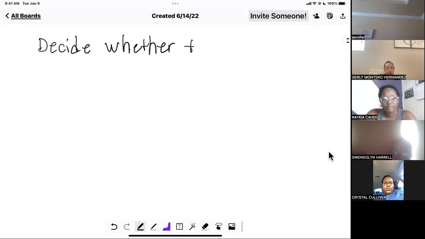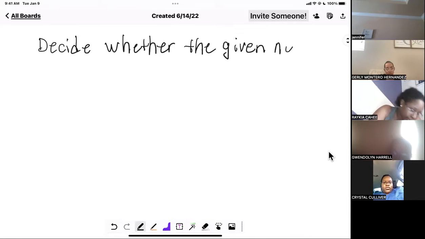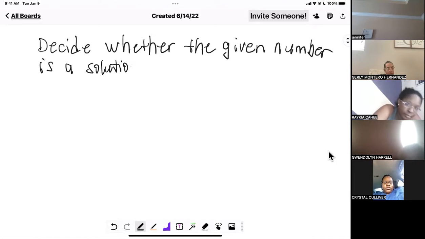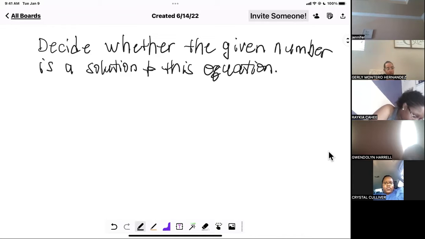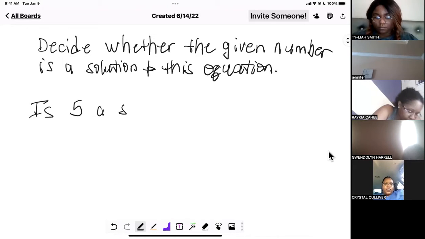Decide whether the given number is a solution to this equation. Okay, that's like the directions. And then it says, is 5 a solution? Actually, let's make it -5.